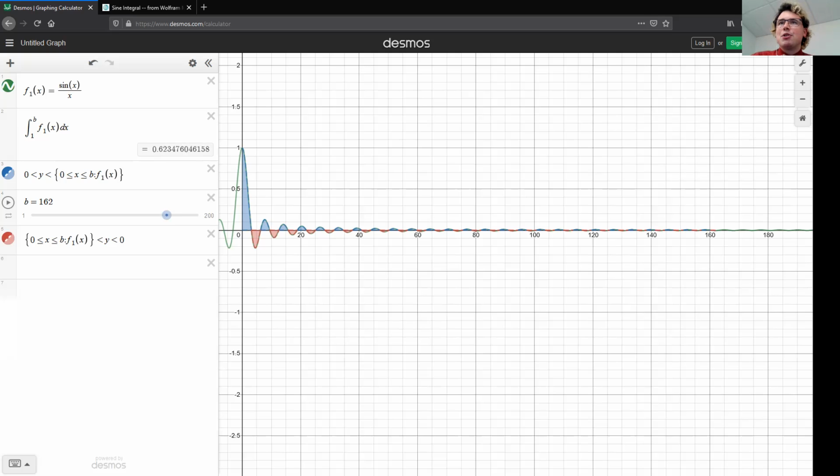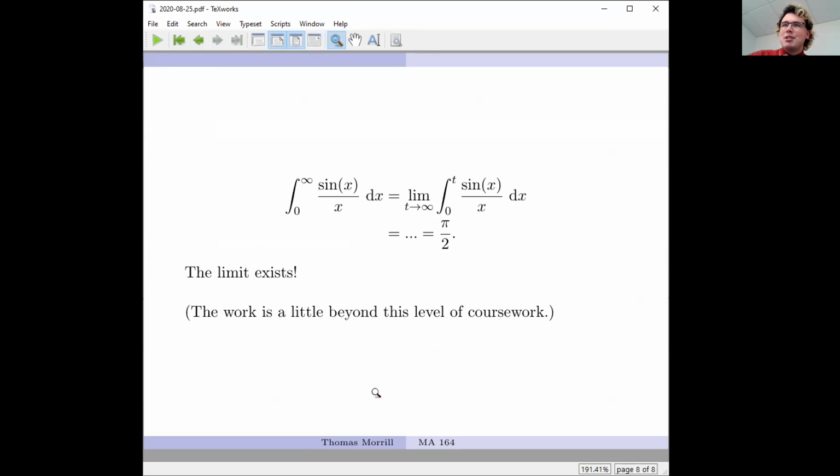Now, just to return to my slides, if I was going to calculate this, I say I have this improper integral. I'm integrating the sine of x divided by x dx. So I set up my limit. I want the limit as t goes to infinity from 0 to t, integrating sine of x divided by x dx. And what I was just saying is this function does have an antiderivative.